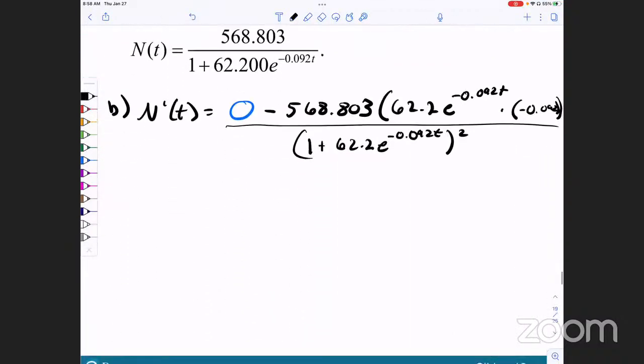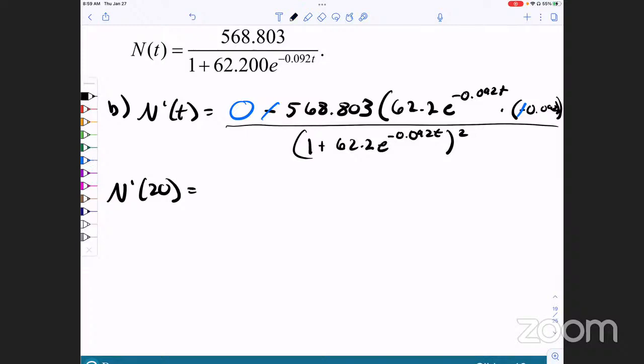So really what it's asking us to find is N prime of 20. Let me see if I can simplify this down a little bit more. We have a double negative becomes positive. I think I'm just going to keep the original numbers.